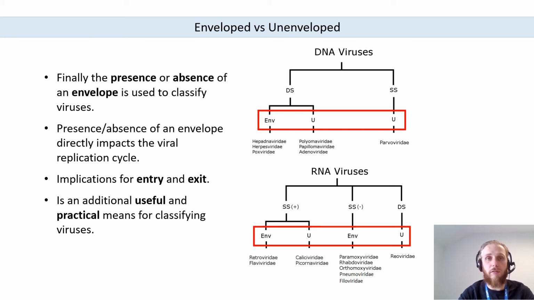So there are specific drugs, fusion inhibitors, for example, that will only work against enveloped viruses. They won't work against unenveloped viruses, so it's important that we understand the difference between the two, and understand which key viruses belong to which group.